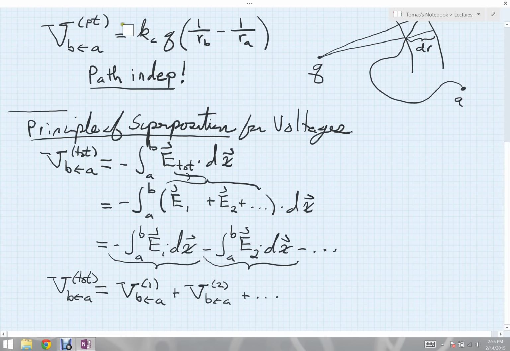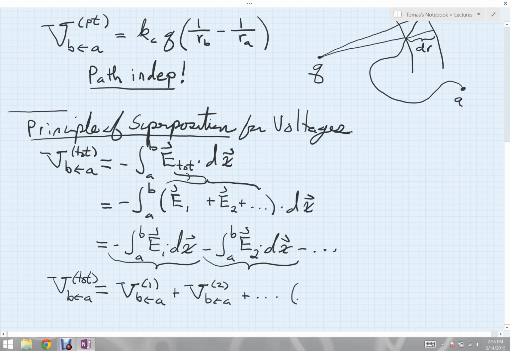We've proved it here for the point charge, but the beauty is that any charge distribution ultimately is associated with some set of point charges, all of the electrons and protons, for instance, which make up the system. And since each of the terms individually are path independent, we know that each of these contributions would be path independent, and so therefore the total sum would be path independent.